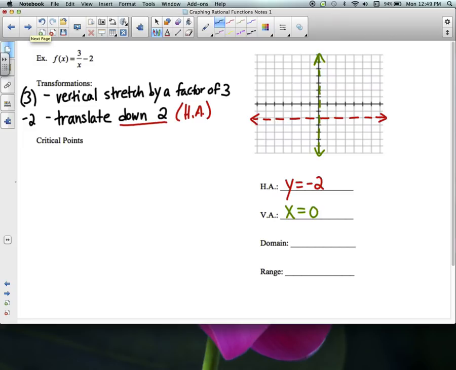Okay, and then for critical points, we're going to use the 4 points instead of all the ones that are on the front to start off with. Again, you kind of need to know the starting table for these.